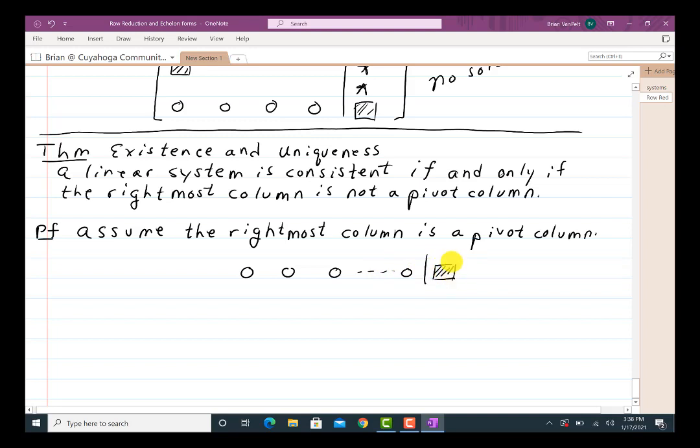So that's the rule of being a pivot column, is whatever is in the pivot position has zeros in front of it. And you can see that it's going to have no solution. And you can reverse this too. If you say the system is consistent, then this situation cannot happen. And so the rightmost column could not be a pivot column.